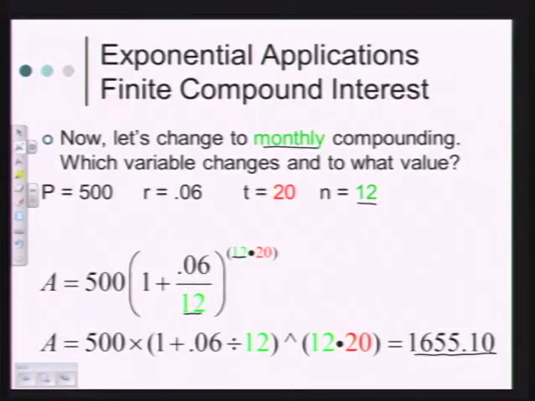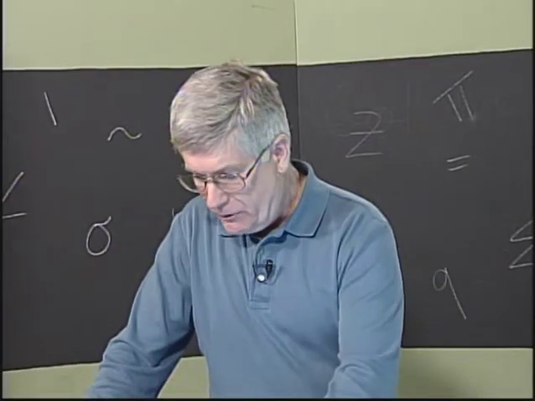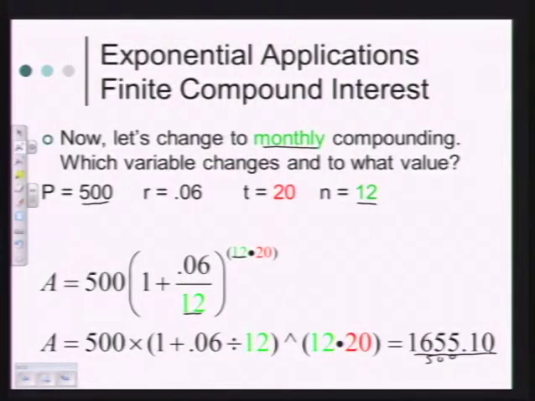Now remember that his initial investment was $500. So if I subtract that $500 here, he's made $1,155.10 in interest alone over that 20-year period.